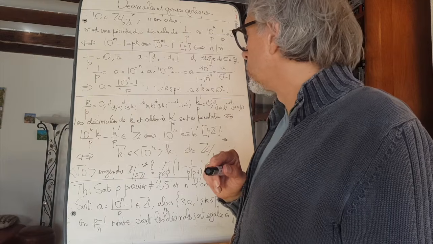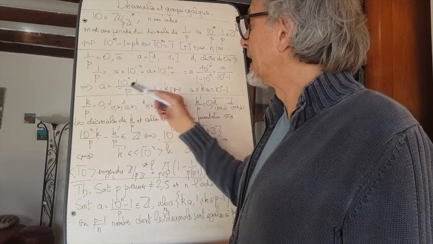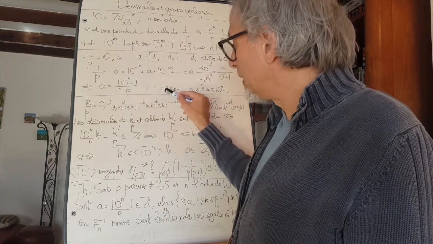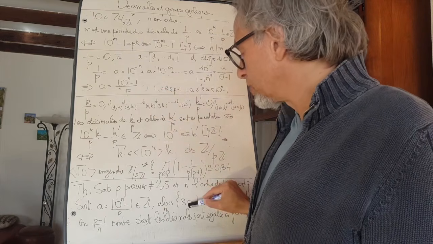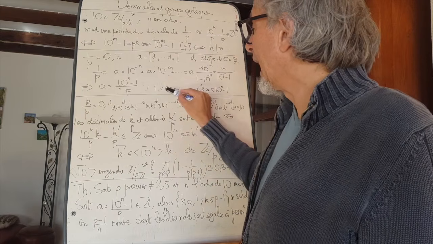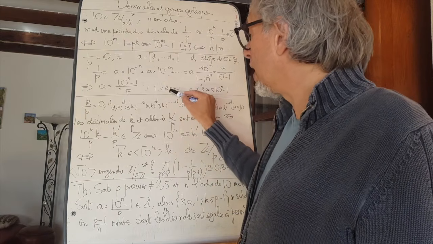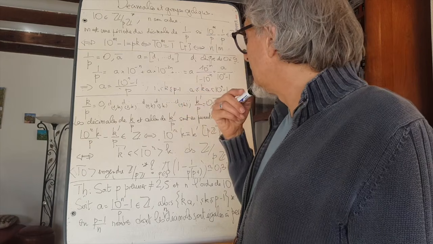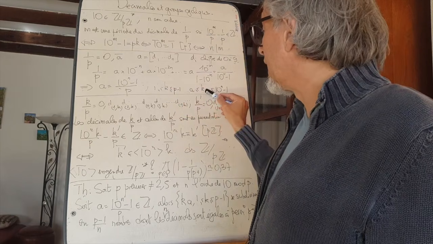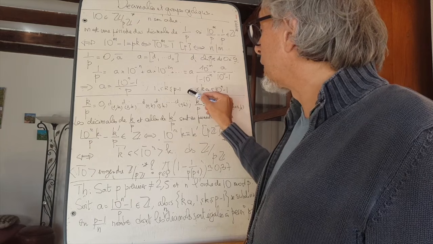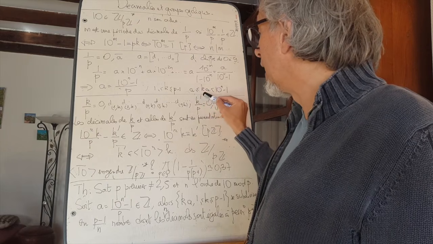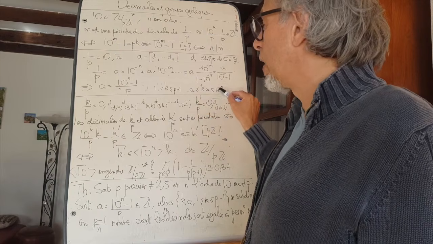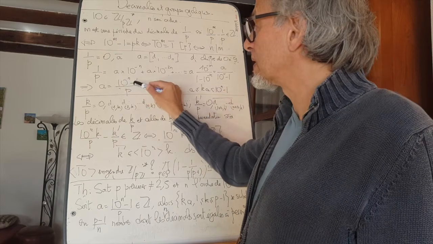Now, when we multiply this number a by k, it will make k times a. And if we choose k from 1 to p-1, we necessarily have k·a strictly smaller than (10^n - 1)·p/p, that is 10^n - 1.